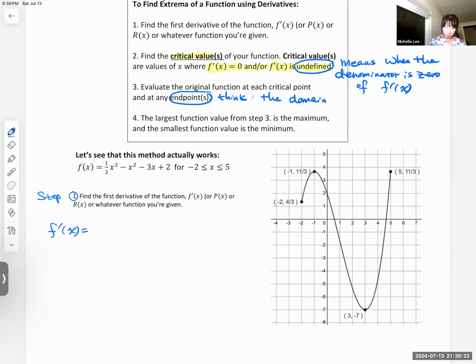We drop the power and keep the coefficient, and reduce the power by 1. Then the third one, keep the coefficient, right? Then the last one equals 0, right? Okay, now the second one, find the critical value.